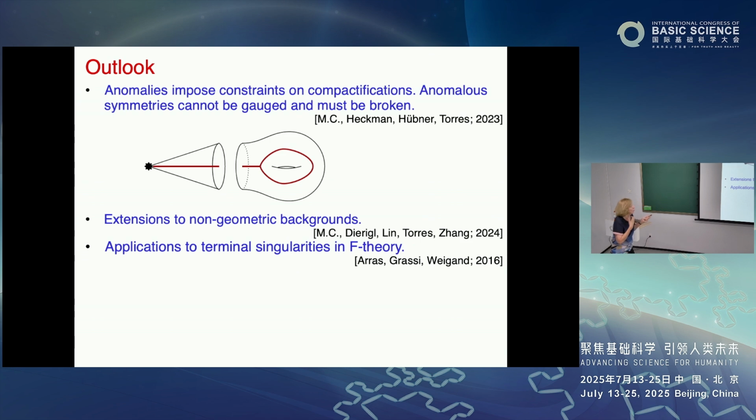Having this more refined information about anomaly coefficients could also point to us in what manner, more specifically, we are breaking these anomalies when we compactify space, because these are anomalies, they cannot be there, they have to be broken.